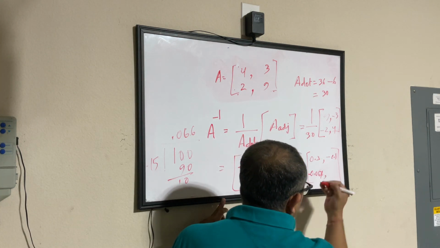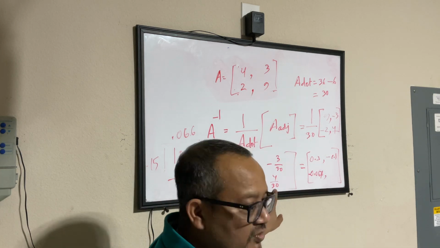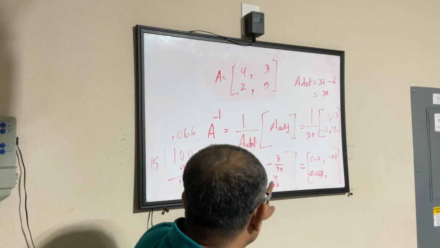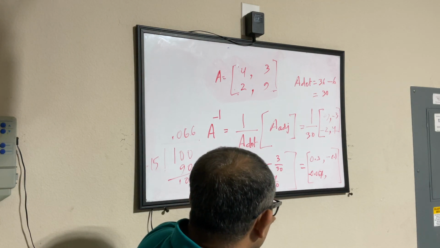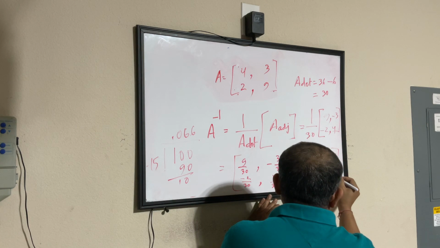I'll round it to 0.67 or 0.7, whatever it is. And then this is 4 by 30, so it's 2 by 15, which will be like 0.14. Let's keep it 2 by 15. That's okay.